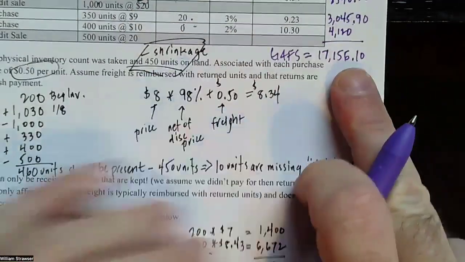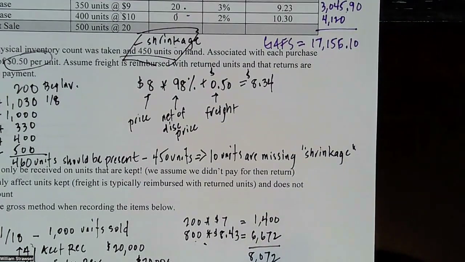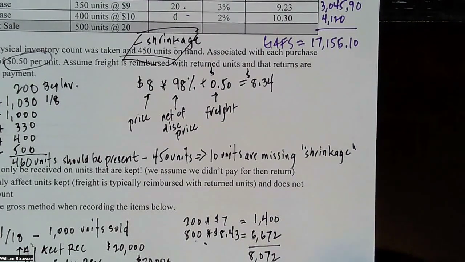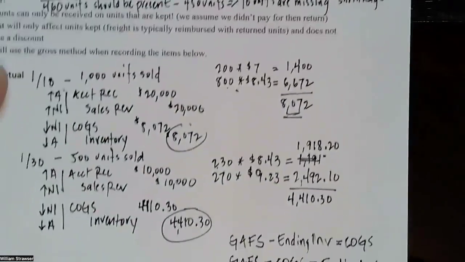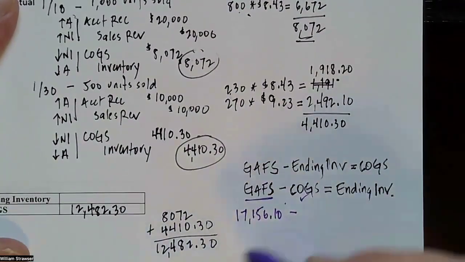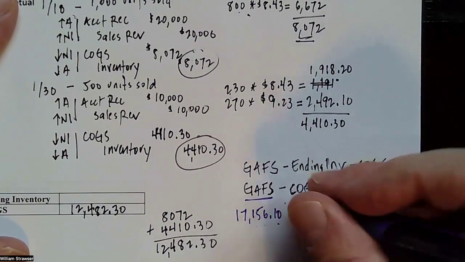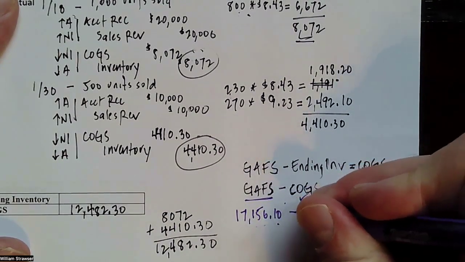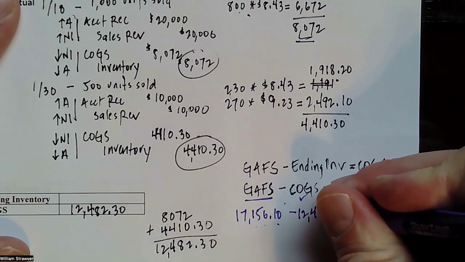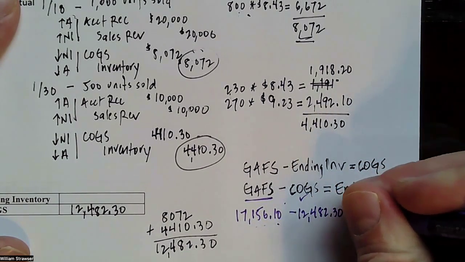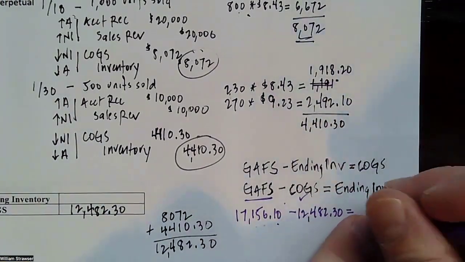Now, if we have that number, 17,156 less our calculation for COGS. Sorry, I was down here just writing that out. $12,482.30. Then that can give me the ending inventory.